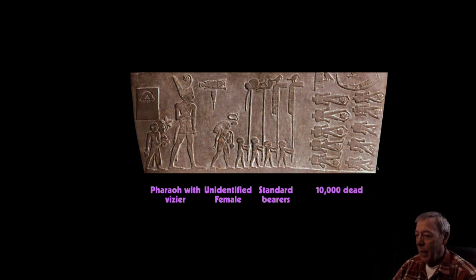And then over here we have the dead. And there are 10,000 of them, right? So these are little guys, shown sideways, of course, so you can clearly identify what they are. But they're missing their heads, and their heads are between their feet here. There's 10 of them, so each one of those represented 1,000 dead, so 10,000 dead in this unification campaign.